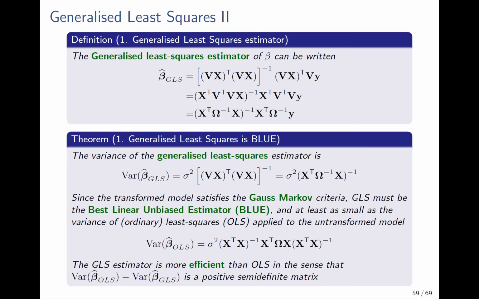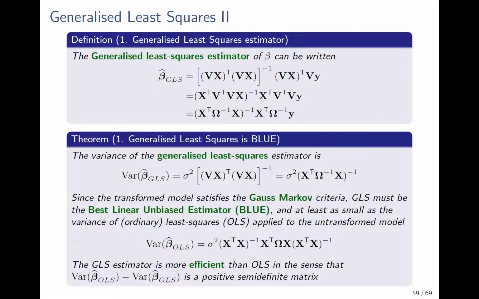And the theorem states the key result. Since the transformed model satisfies the Gauss-Markov criteria, GLS is the best linear unbiased estimator, and its variance is at least as small as the variance of the ordinary least squares estimator applied to the untransformed model. So formally, the variance of OLS minus the variance of GLS is a positive semi-definite matrix.